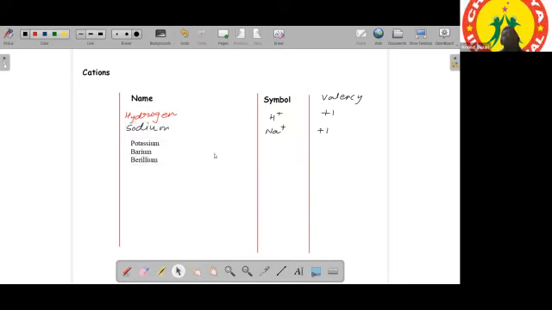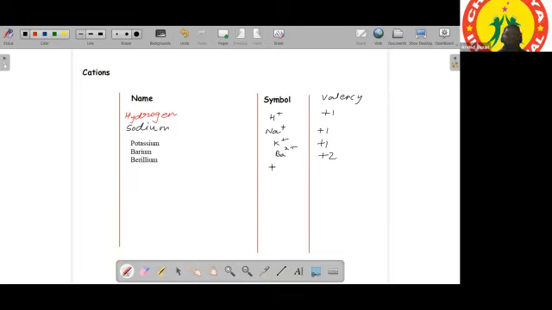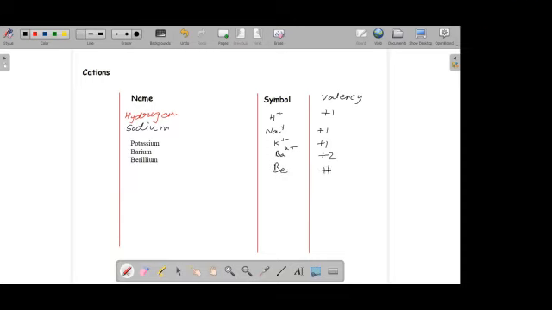So you have these three. First of all, let's see. For potassium, the symbol is K and valency is +1. For barium, it is Ba, valency is +2. For beryllium, it is Be, and what is its valency? Again, +2. Okay.